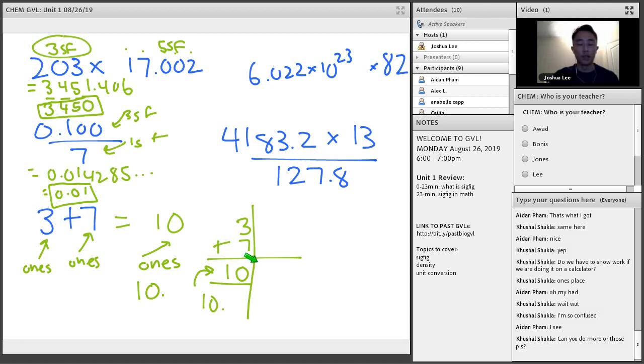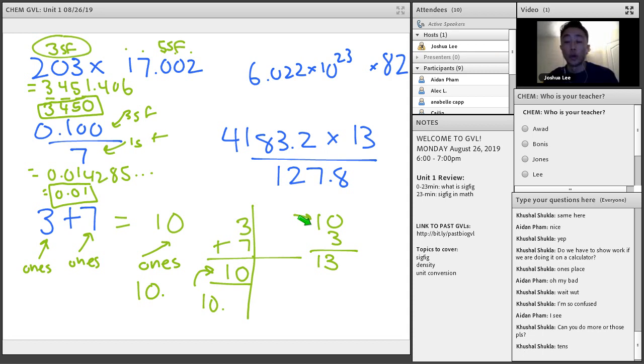We could do something like 10 plus 3. Normally this would be 13. But if you look at this top 10 right here, where does the sig fig end for this 10? What place? In the tens place, whereas the 3 ends in the ones place.